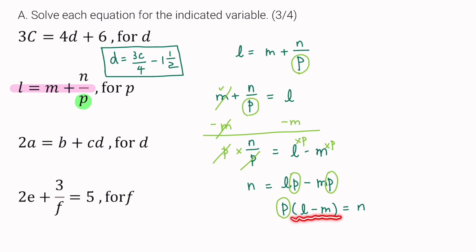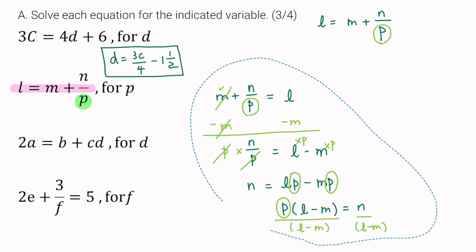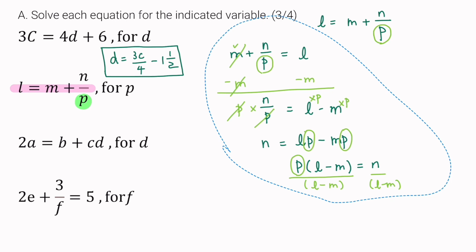And that is L minus M, so I can get rid of that by dividing every variable with L minus M. Okay. All right, let's move things up a little bit so that we can continue solving this question.